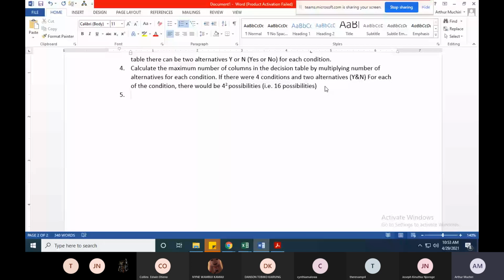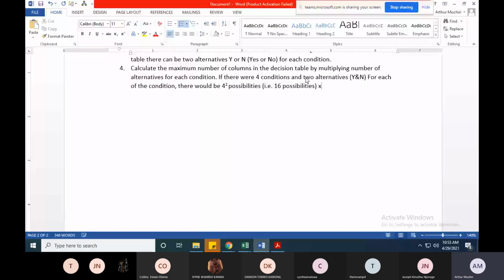Before we continue, don't forget the tables. If you want to understand these decision tables, they follow a rule. Is it the 2n rule? No, not the 2n rule, but the x to power n rule.